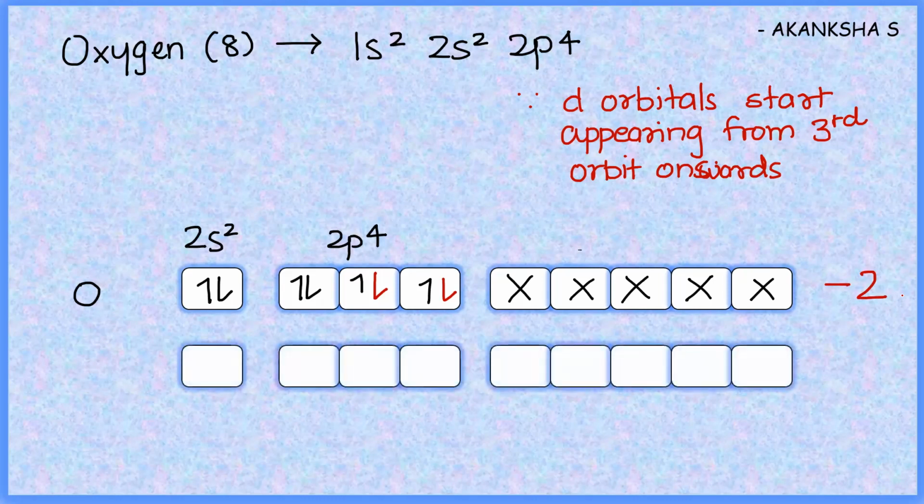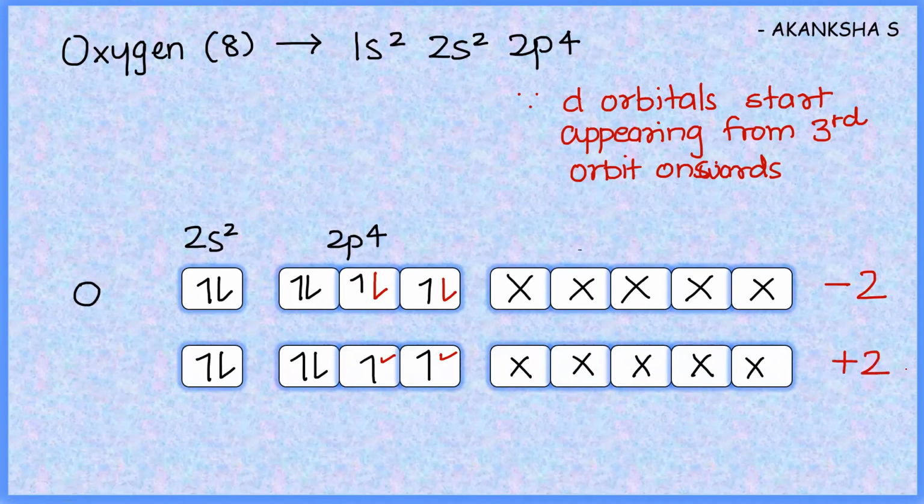What is another scenario that can happen? Again, there is no d orbital, so I'm going to put a cross over here. Okay, what else can be done? There could be a chance that oxygen might lose these two electrons. So it will gain a +2 charge.